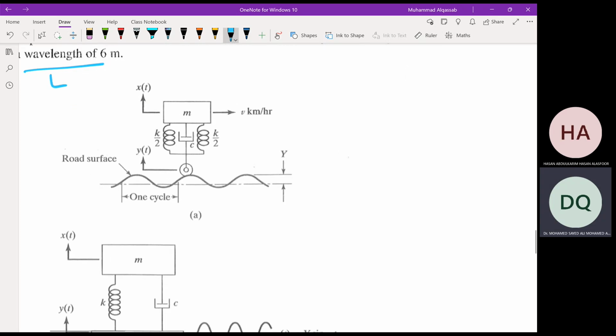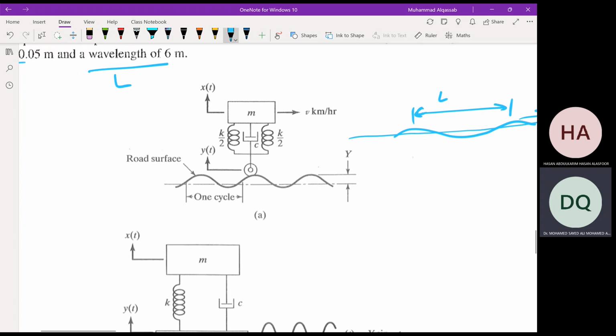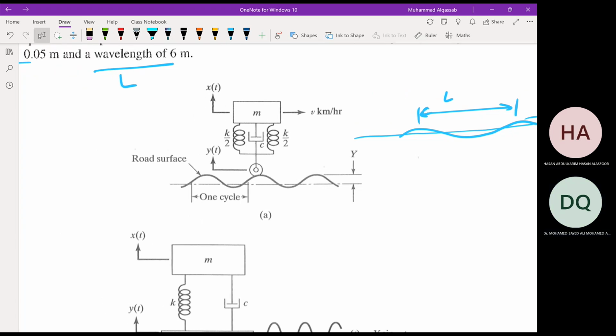So here, as you can see, from here to here, or from any point to the next corresponding point, is called L, the wavelength. The y is measured from 0, this is y, the maximum. Both are given. So what is missing is omega.